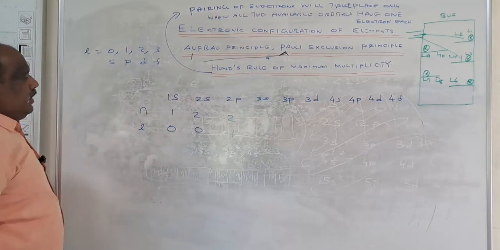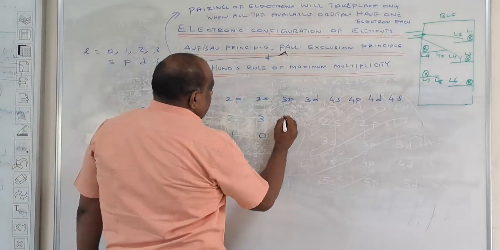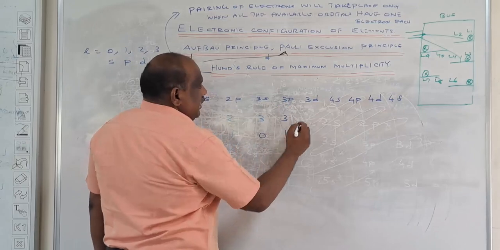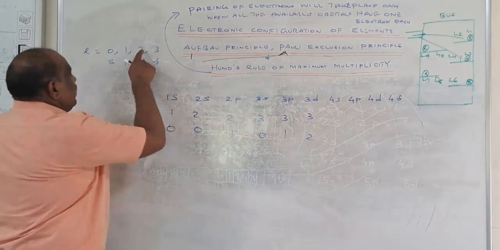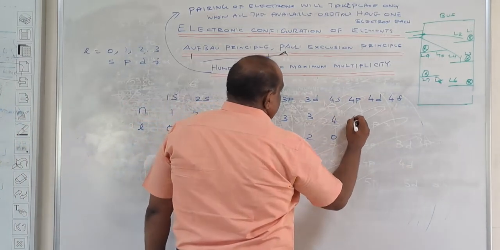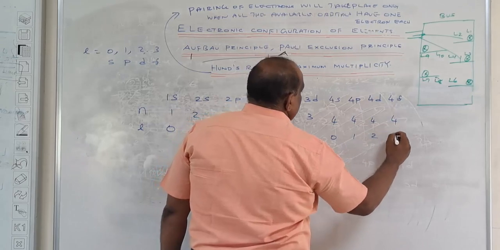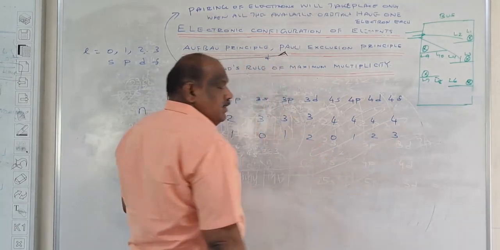So 1 means p. Now you tell: 3s is 3, 0. 3p is 3, 1. 3d is 3, 2. Then 4s is 4, 0. 4p is 4, 1. 4d is 4, 2. 4f means 3.